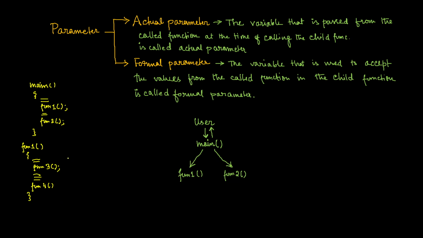And at the same time, when we define the fun2 function, maybe there is some code within fun2, and I have called another function fun5. So what I have done is distribute some responsibility to fun5, which will help fun2.